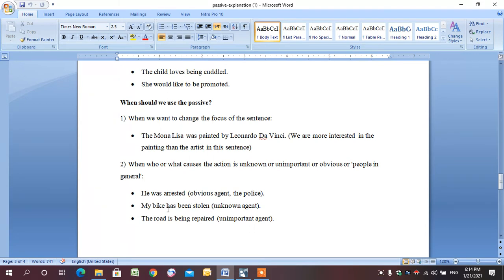We don't know who stole the bike. So the action is more important because some thief stole it. So it's an unknown agent. The road is being repaired. So of course the road is being repaired by some workers that are not important. So here the subject is not important, so unimportant agent.